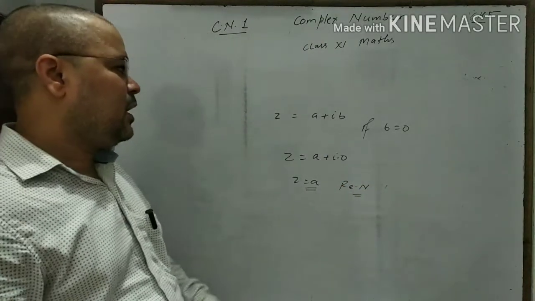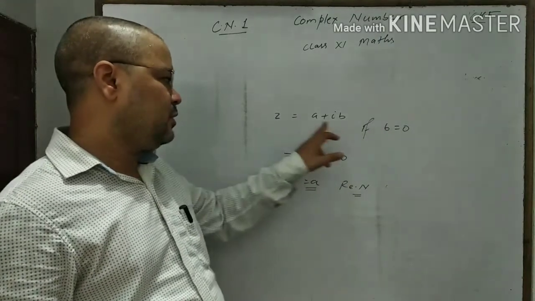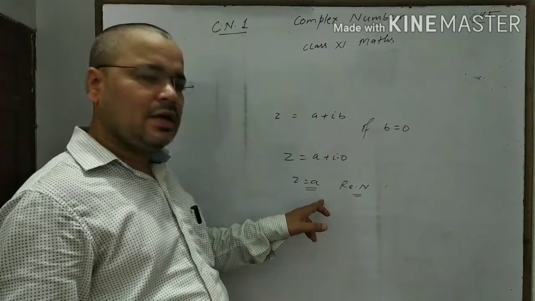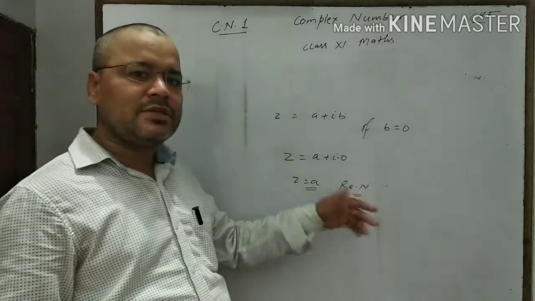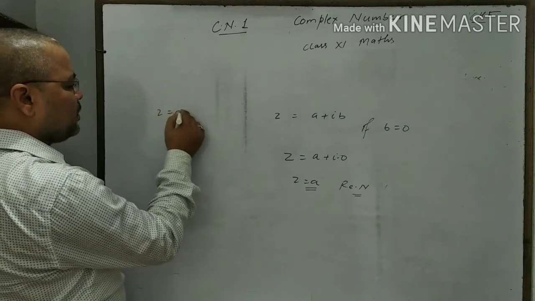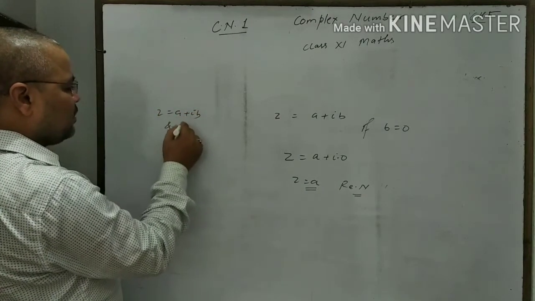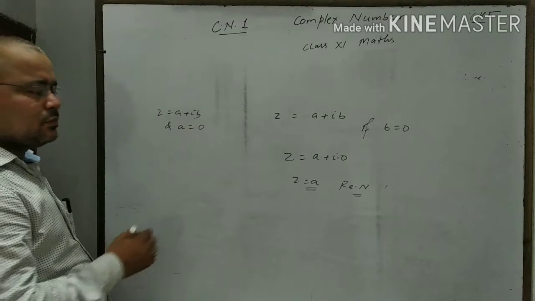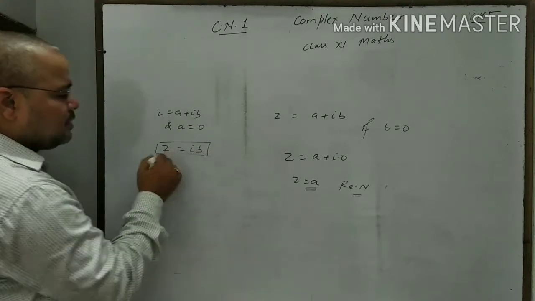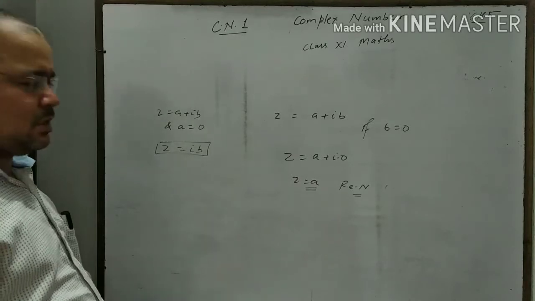It means if b is equal to 0 in the standard form a plus ib, then z is equal to a, and it will be a pure real number. Similarly, if z is equal to a plus ib and the value of a is equal to 0, then z is equal to ib. This is called a pure imaginary number.